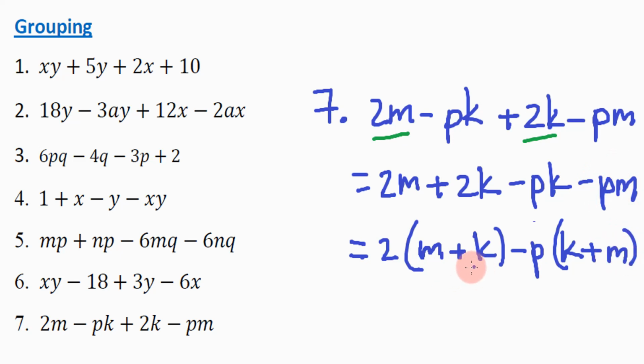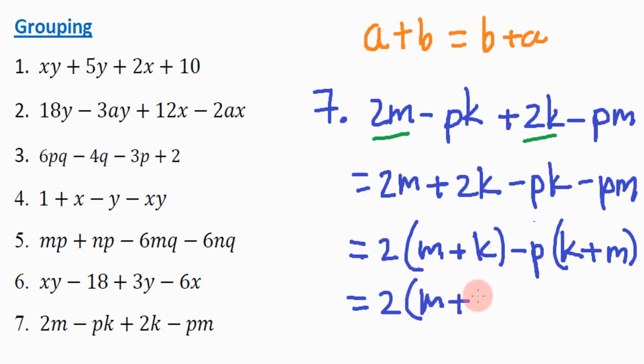We have m plus k in the first set of brackets and k plus m in the second set of brackets. But remember that a plus b is the same as b plus a. So that means we can switch around the contents of the first set of brackets or the contents of the second set of brackets. And we'll still have the same thing.